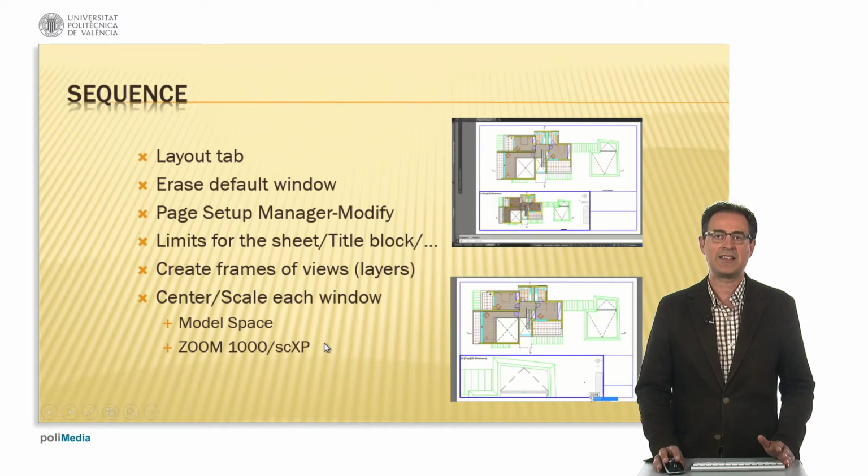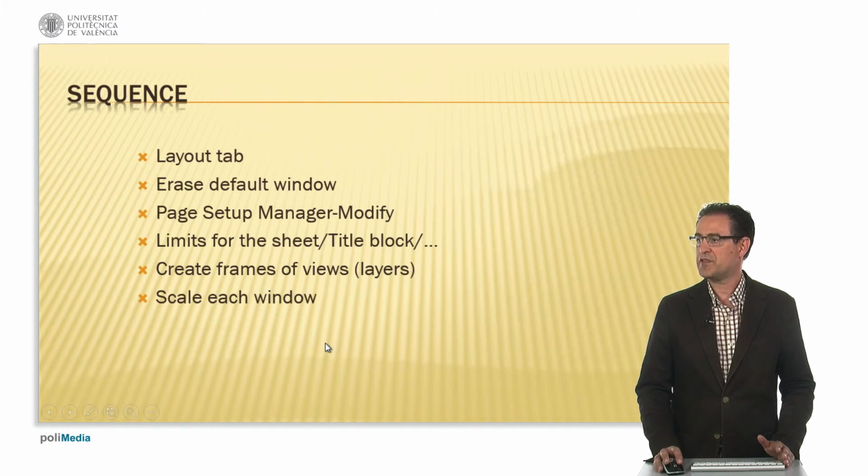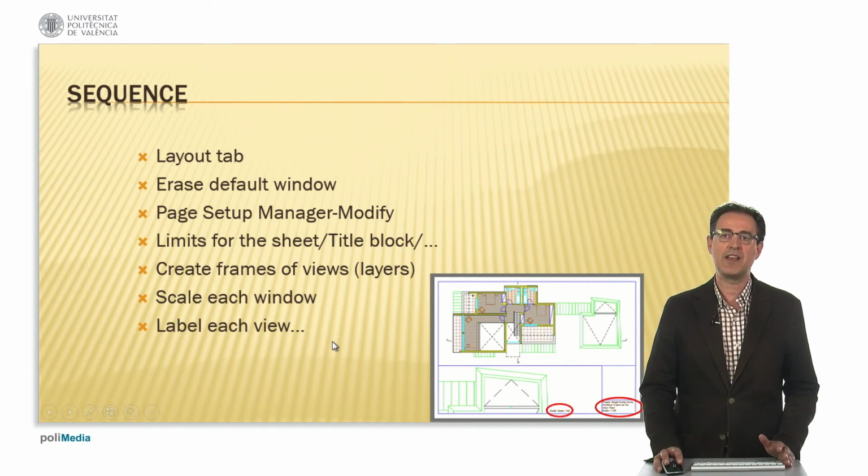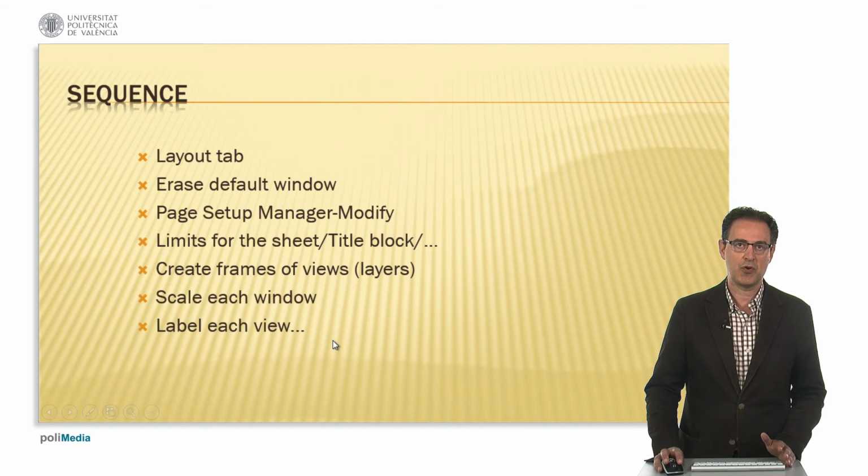Then you can assign the scale with this command. Once you have assigned the scale, you have to label each view at least with the scale that you have in each viewport. Here I have written down in the title block the scale of the main view, and here you can see the scale of the detailed viewport.